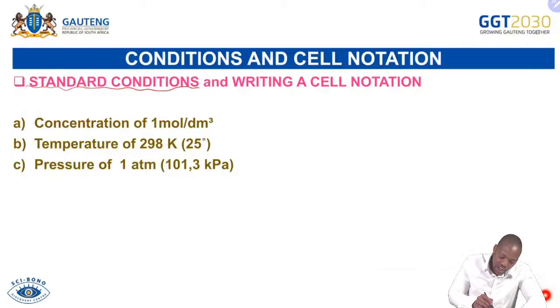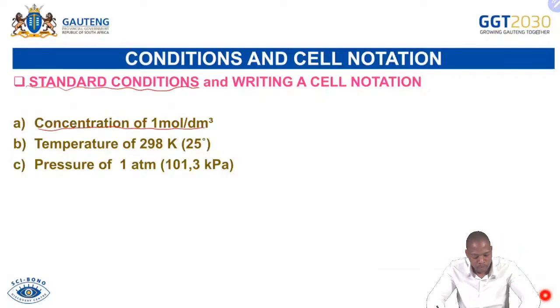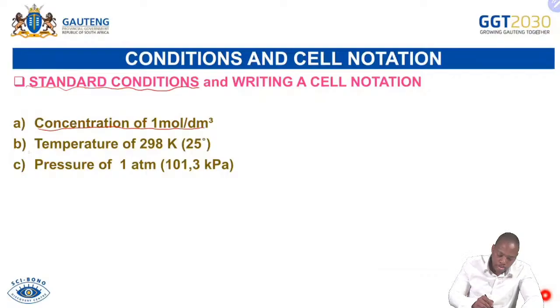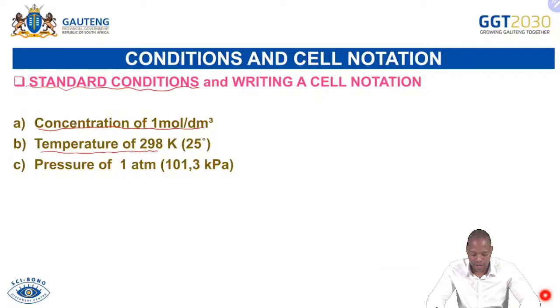One, your electrolyte must have a concentration of 1 mole per decicubic meter. That's number one. And if you write these conditions, you write the whole thing in full. Don't just say concentration. It's a concentration of 1 mole per decicubic meter. Write the whole thing. And number two, the temperature must be 298 kelvins.